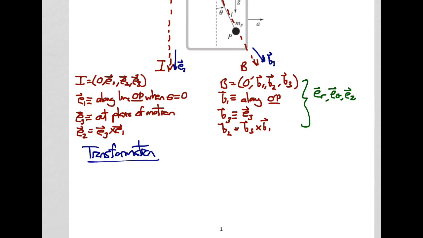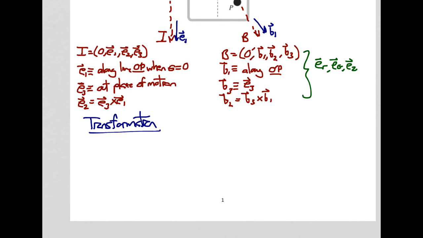So for a transformation, let's draw these vectors. We have E1 pointing down, we have E2 pointing to the right, we have B1 and then B2, and those vectors are rotated by an angle theta.